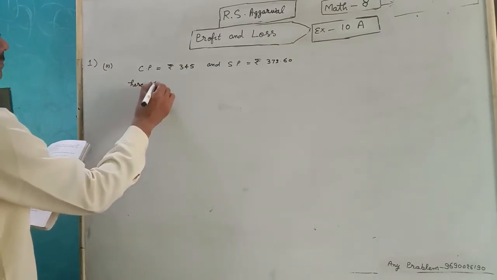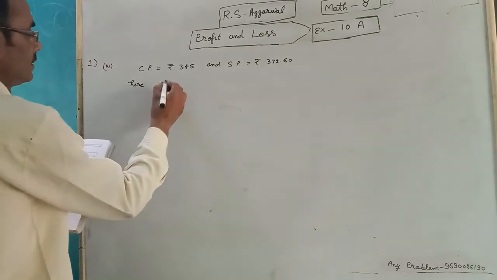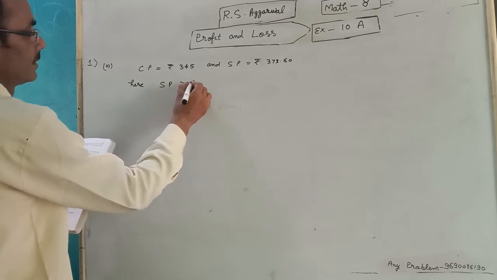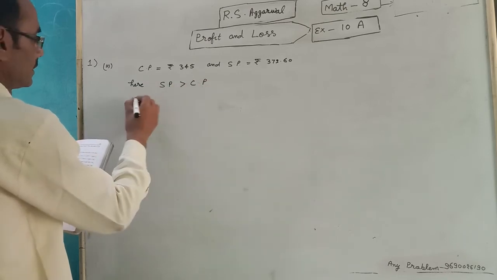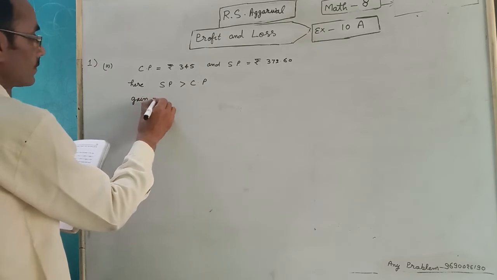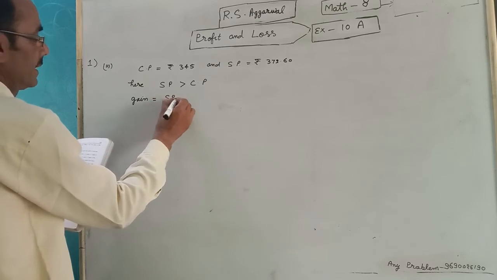Here SP is greater than CP. Gain is equal to SP minus CP.